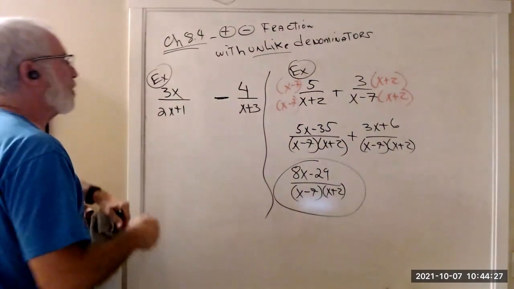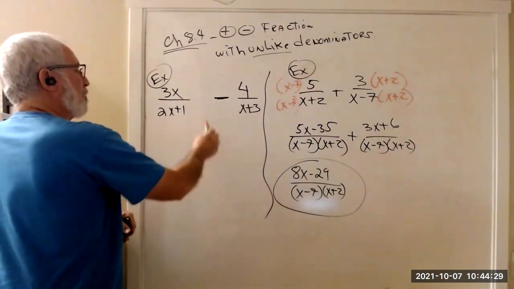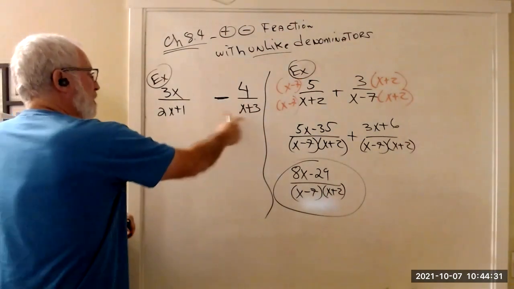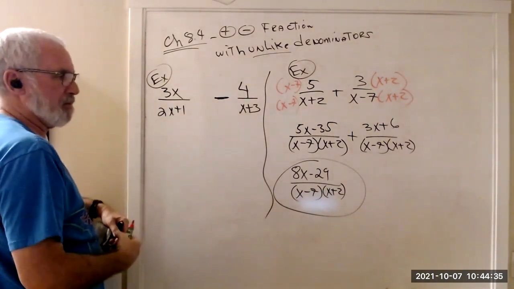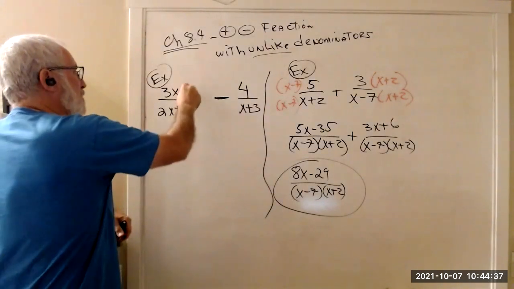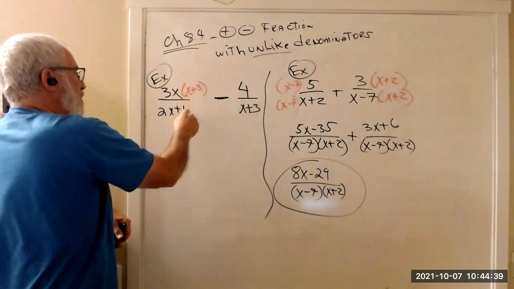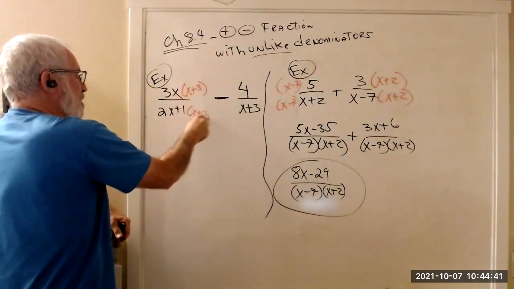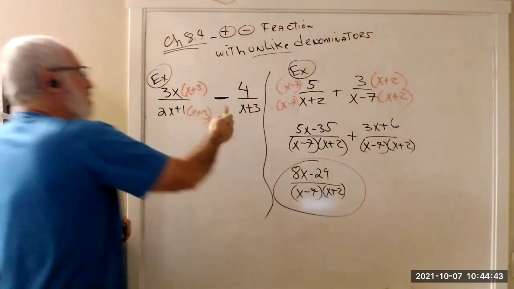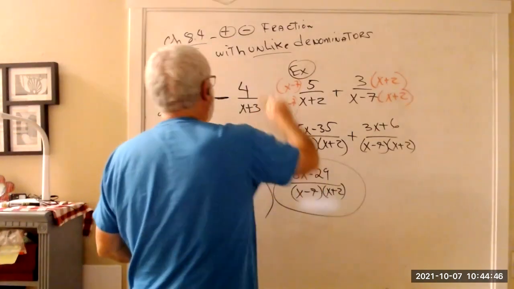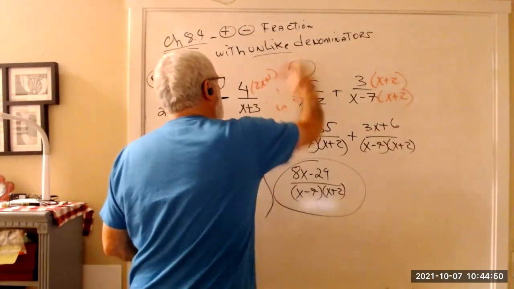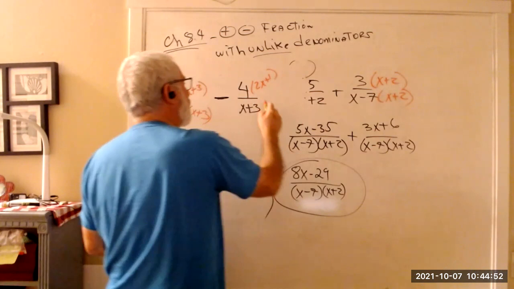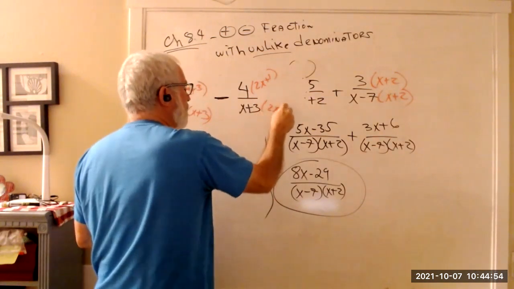Okay, so I recognize the two denominators are not the same, but I have to make them the same. So the easiest way is to multiply this by x plus 3, and multiply this one by 2x plus 1. Good planning, Foster, 2x plus 1.